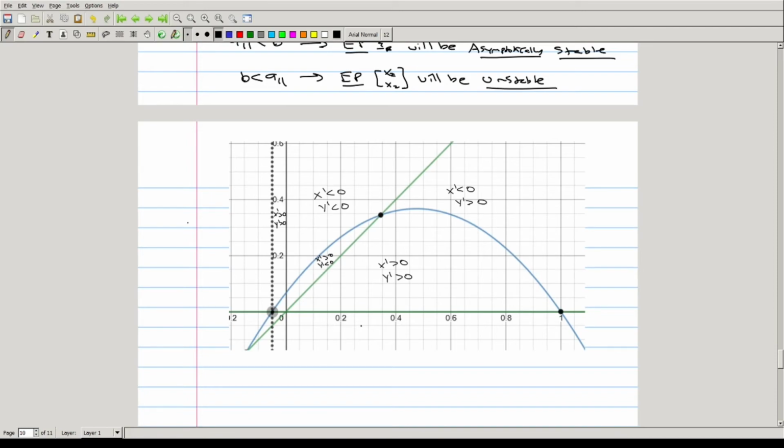In this region, y prime is less than 0, and x prime is greater than 0. And we can even look at these regions as well.